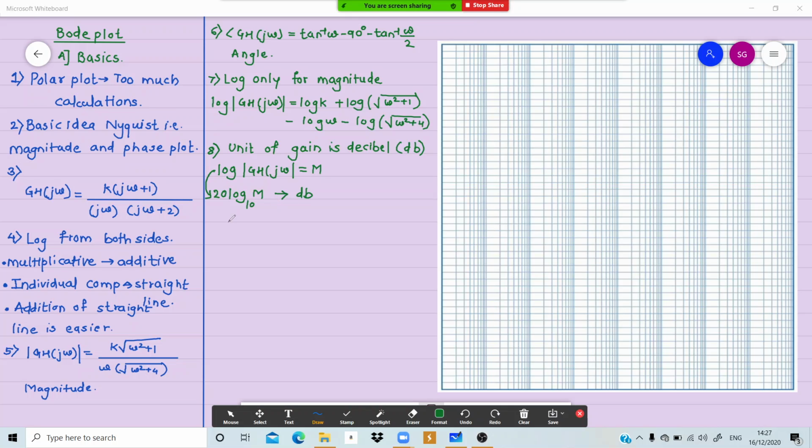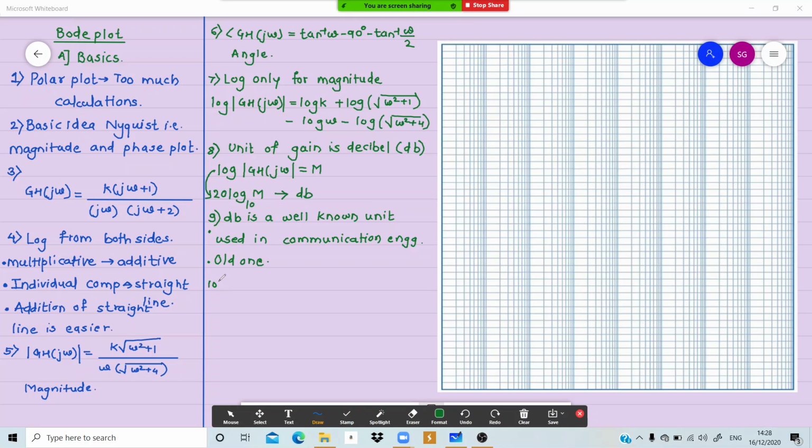So he followed decibel, and that's why we are also supposed to follow the same. dB is a well-known, very old unit used in communication engineering, and that's why we are using decibel, which is followed by Bode.